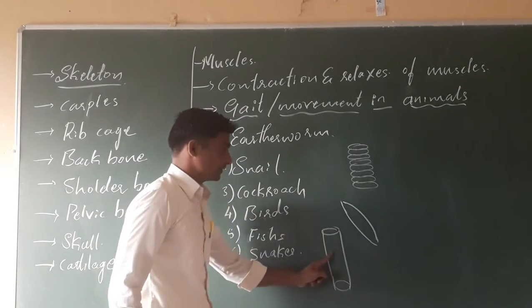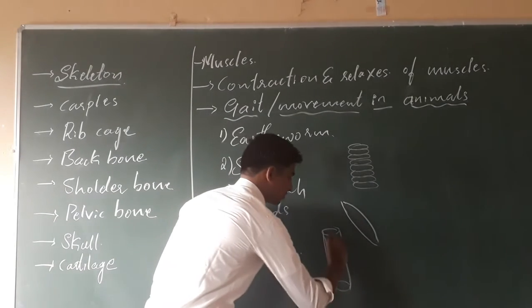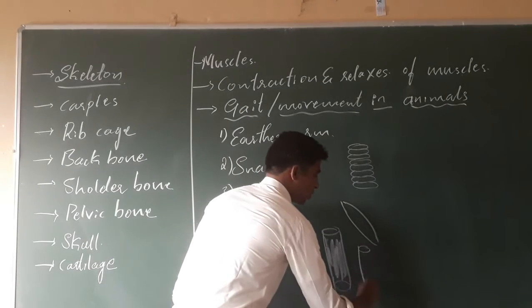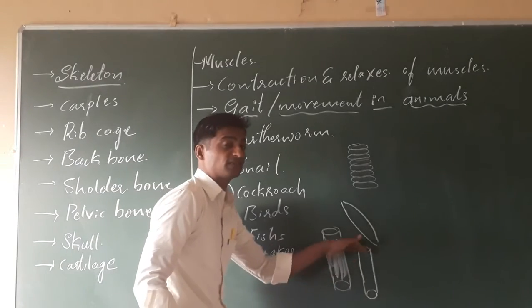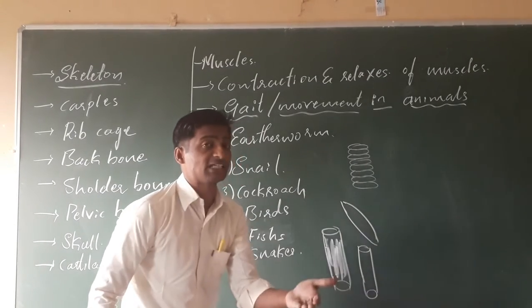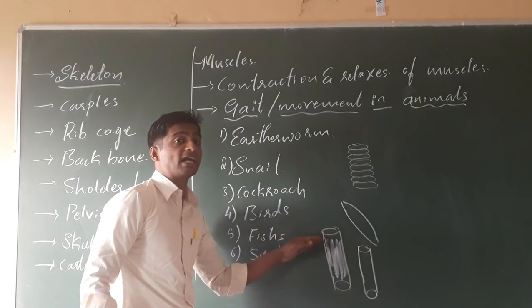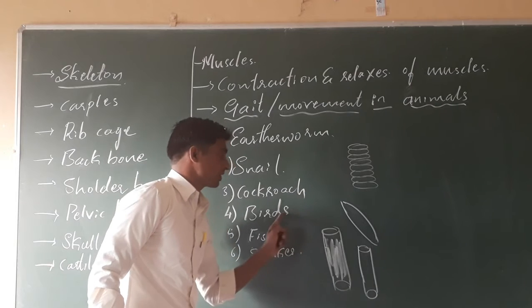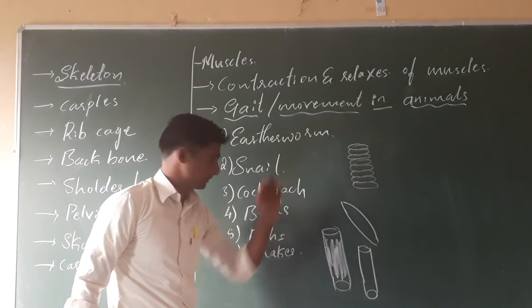In other animals like human beings, the bone is filled with bone marrow. But in the case of birds, hollow bones are there, filled with air. That's why they are light in weight. They can fly. The body weight is very light in birds. Because of the hollow bones, they can fly very easily.